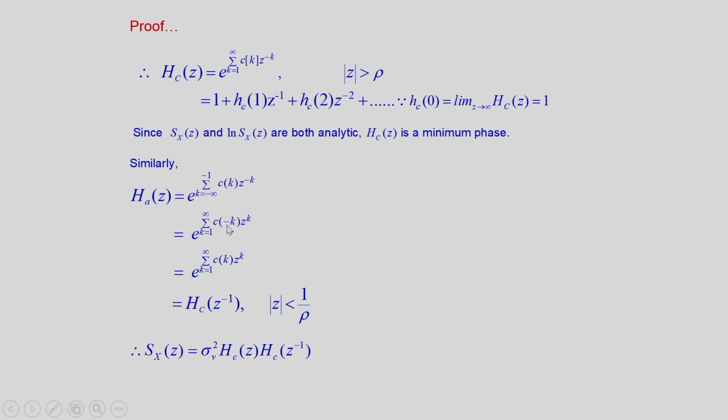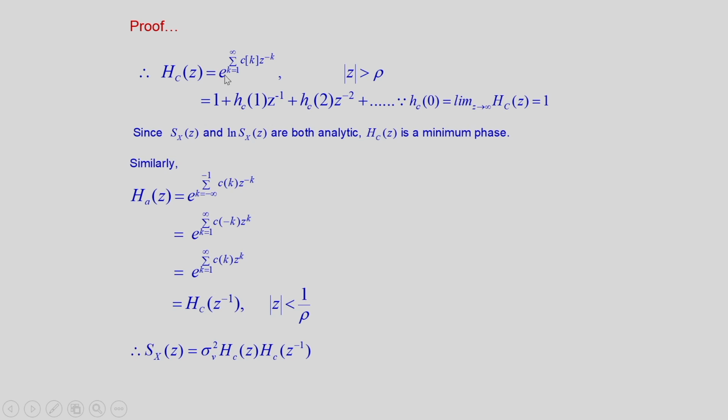And we know that C of minus k is equal to Ck, because Sx omega is an even function; we proved that C of minus k is equal to Ck. Therefore, this quantity will be nothing but e to the power summation k going from 1 to infinity of Ck into z to the power k. So, this is the expansion for H of Az.